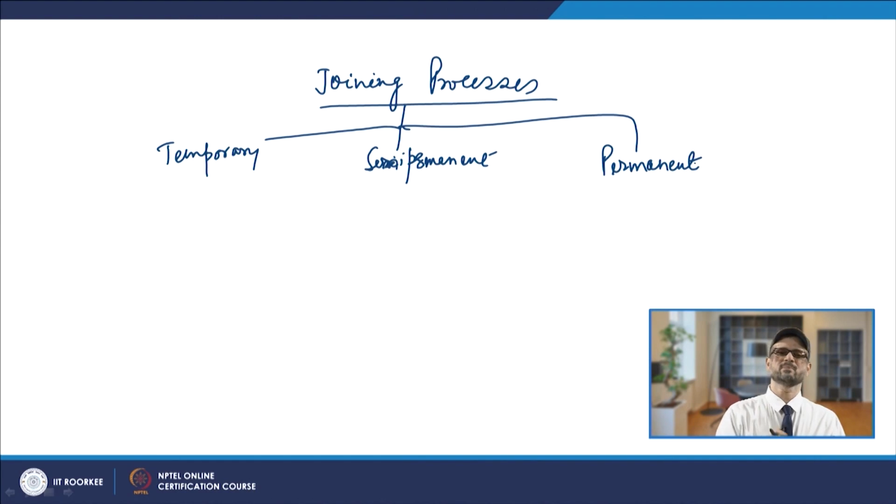When we talk about temporary joint or semi permanent joint, in temporary you are simply thinking of joining, so we are not going into the metallurgical aspect. Whereas, when we go to permanent type of joint, especially the fusion welding processes, you are melting a zone, and then that zone gets solidified. During that process, whatever changes occur typically in a casting process, you will have the solidification.